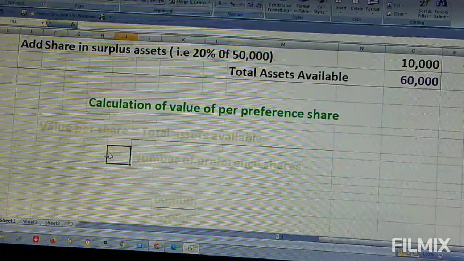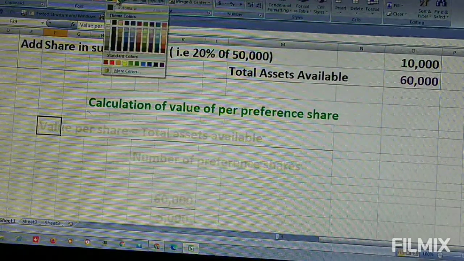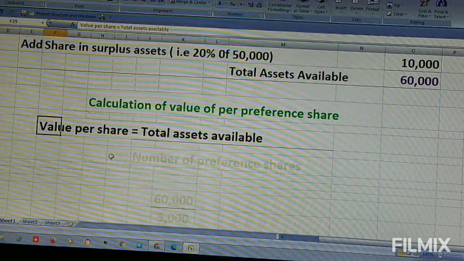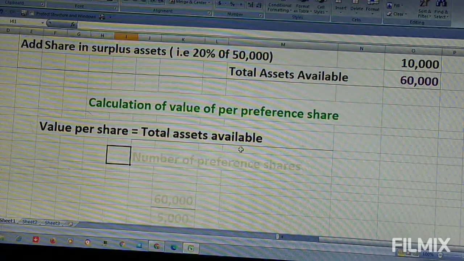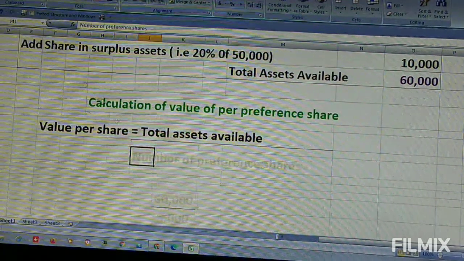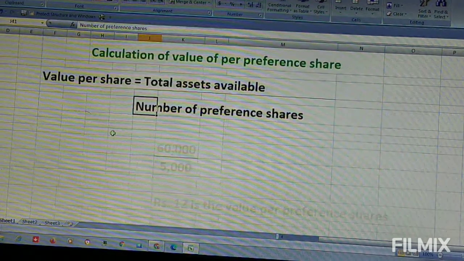Formula: I will write value per share equal to total assets available divided by number of preference shares. What are the total assets available?